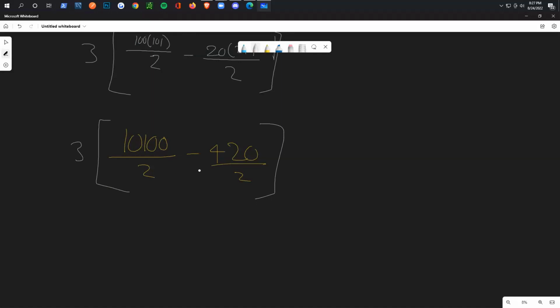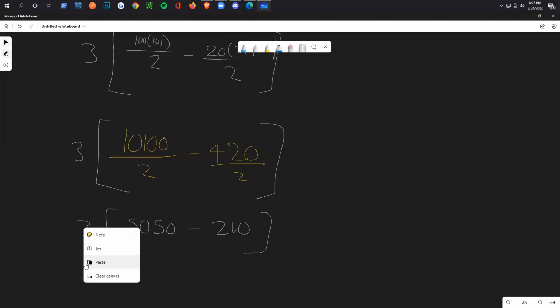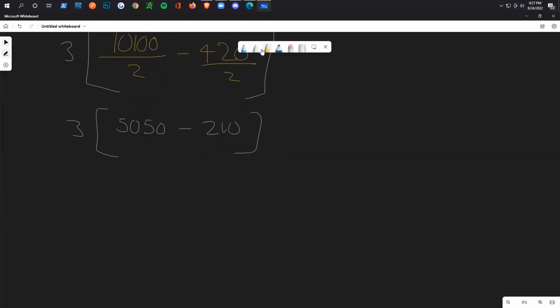So if we just divide these things out, I'm just going to end up with 5,050 minus 210 times 3. So this should be 4840, I believe.